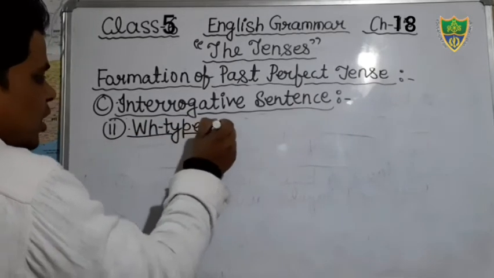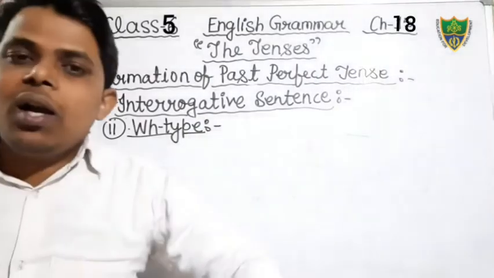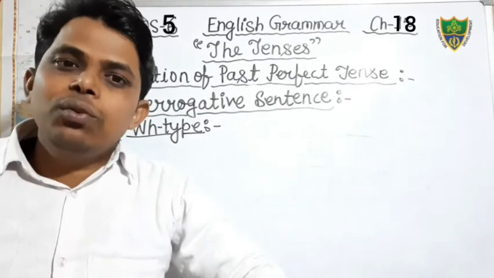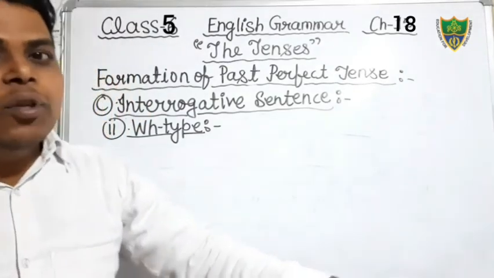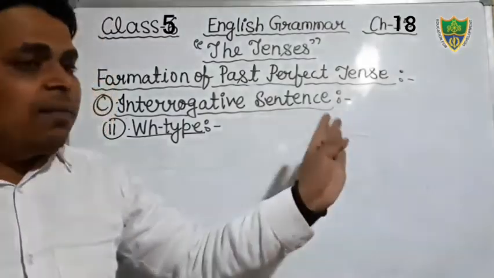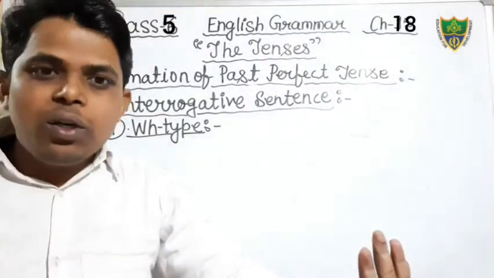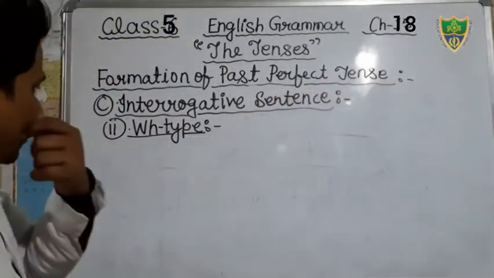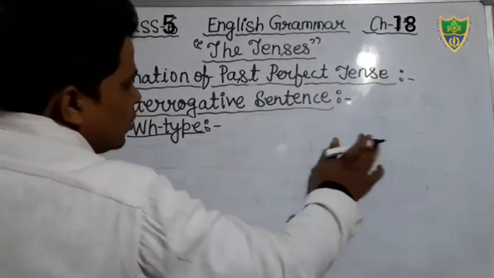It always starts with the WH word. What are the WH words? What, why, when, which, whose, etc. are the WH words. In the beginning of the sentence we use the WH word, and at the end of the sentence we use the question mark.